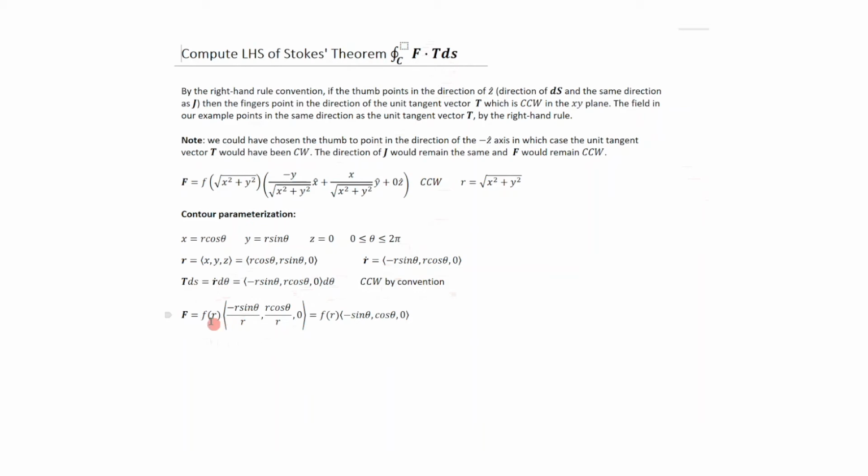We now basically have to also compute what the field is in cylindrical coordinates, based on the way we parameterize the contour. So x gets replaced by r cos theta, y gets replaced by r sine theta, and these are substituted in this expression to finally give us this expression for F. And so now we can go ahead and do the computation. We can substitute for F, we can substitute for t dS, and do the closed contour integration.